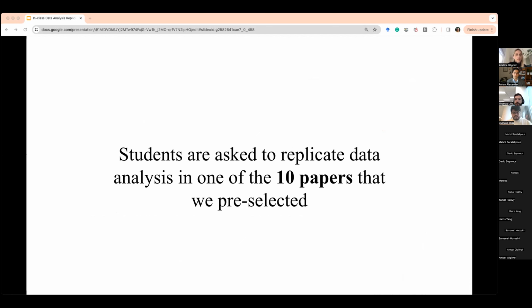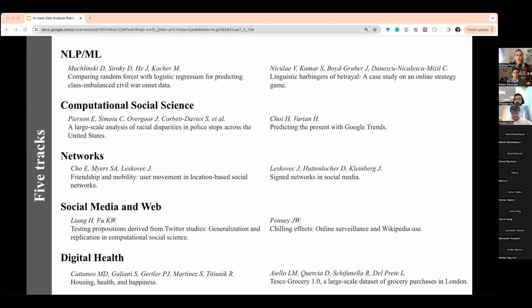And in particular, as part of this activity, students are asked to replicate data analysis in one of the 10 papers that we pre-selected. In preparation for the study, we identified these 10 publications, and they had to be suitable in terms of the difficulty of the data analysis tasks.